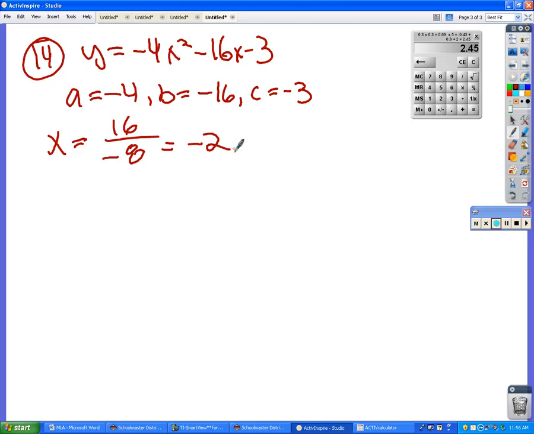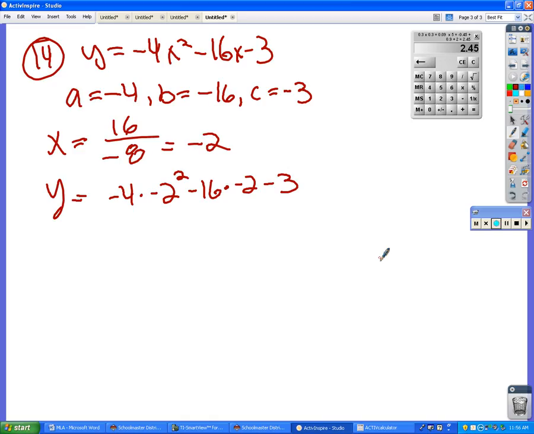Okay, now we need to do the Y. And the trick with the Y, that Lexi learned this morning, hopefully all of you learned, is when you're plugging in a negative number, you have to be careful, especially on a calculator, because you can't just go negative 4 times negative 2 squared minus 16 times negative 2 minus 3.